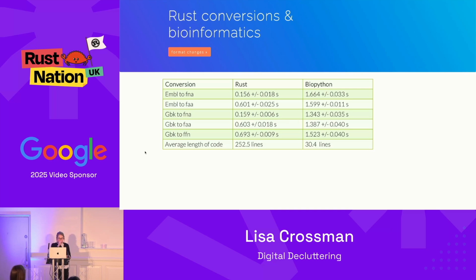Then it turned out that if you were to convert this text file type, which is a way that we store some of our sequence data, and which contains the sequence data itself and details about the proteins, to just the DNA sequence on its own, then if you did it on 10,000 different files, in Rust it would take you 25 minutes, but in Python it would take you 4 hours on a single thread.